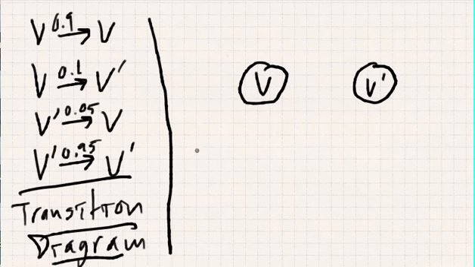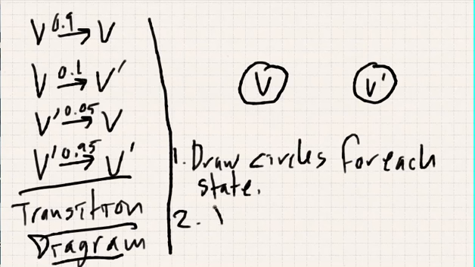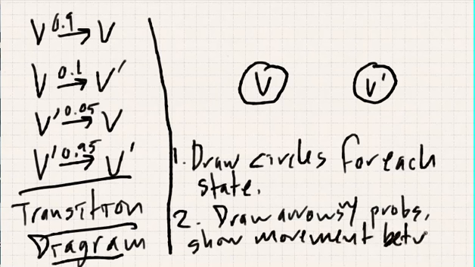So one, I draw circles for each state. Then two, I'm going to draw arrows with probabilities that show the movement between states.